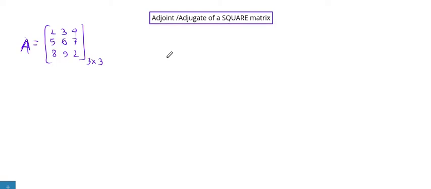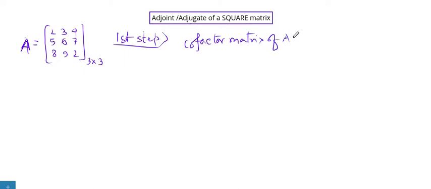Now, to find the adjoint or adjugate of this matrix, the first step of the process would be to find the cofactor matrix of A. Now what is a cofactor matrix?